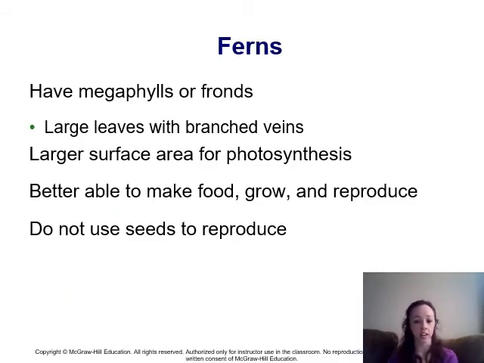Ferns do not need seeds to reproduce. However, they are different from lycophytes in that they have larger leaves called megaphylls. These megaphylls contain more vascular tissue and surface area than the microphylls, and this allows them to perform a lot more photosynthesis. Because of the extra energy being produced, ferns can grow a lot taller than the lycophytes.